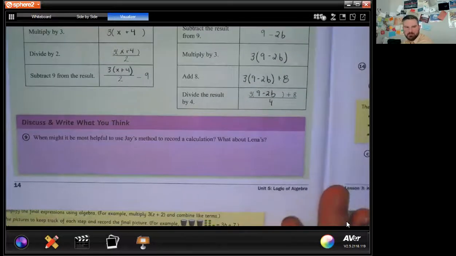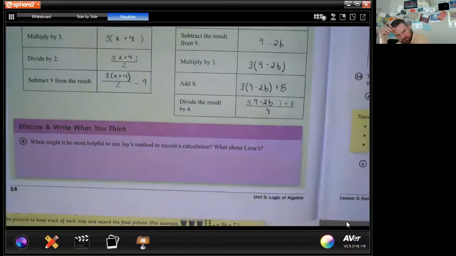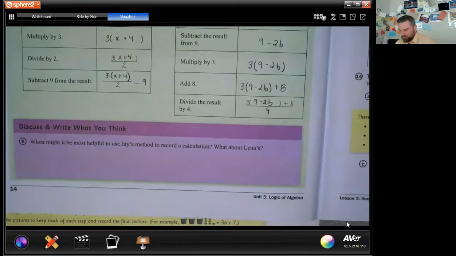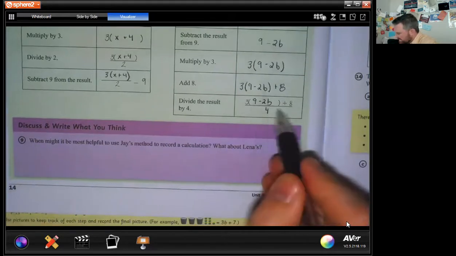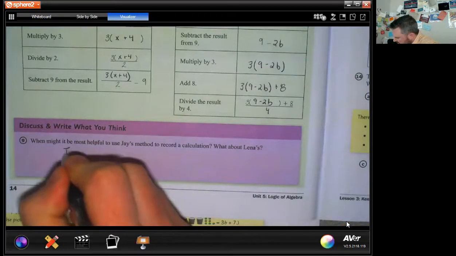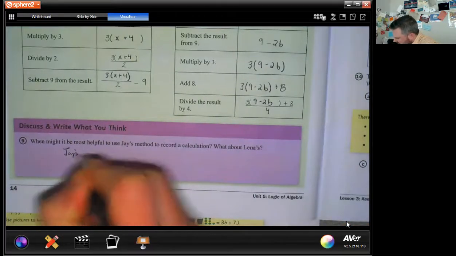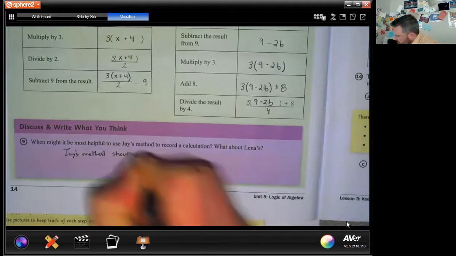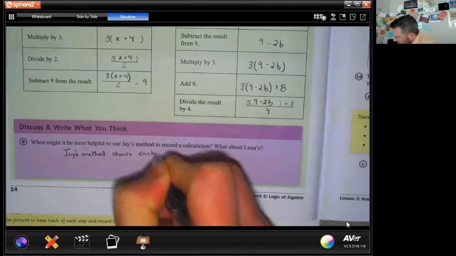When might it be most helpful to use Jay's method to record a calculation versus Lena's? Okay, now remember, the main reason for this is to see each step. So Jay's method shows each step.